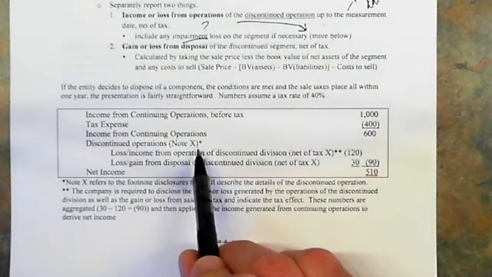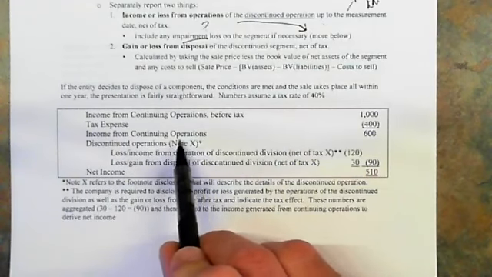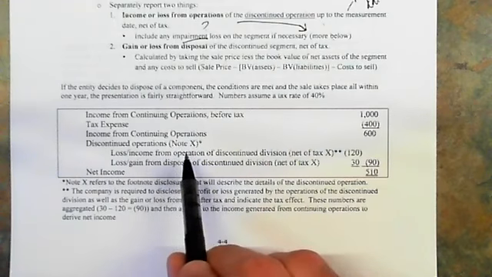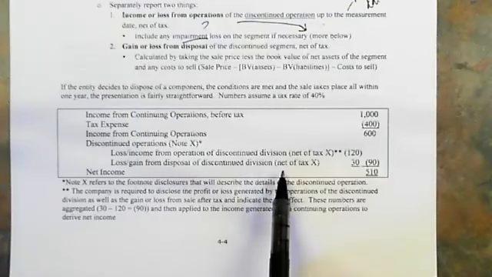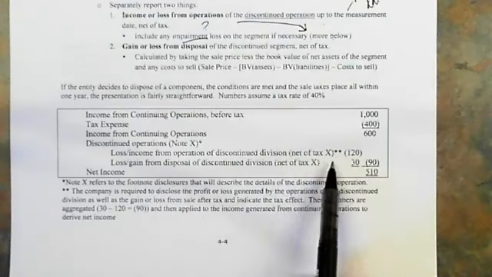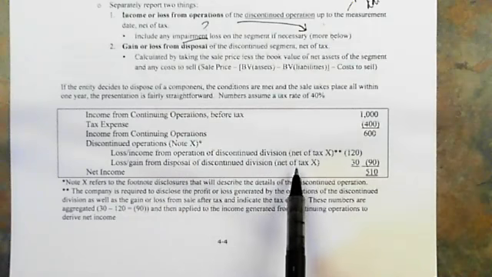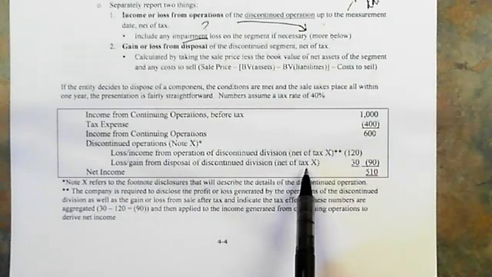You would have a discontinued operations section then. You would have a note. The note would footnote any disclosures about the company. It would get really specific into the details, what the company, what assets, what liabilities are involved in the discontinued operation, et cetera. And then you have the first line item and the second line item. Note that these are both net of tax. And we'll talk again more about what net of tax means.